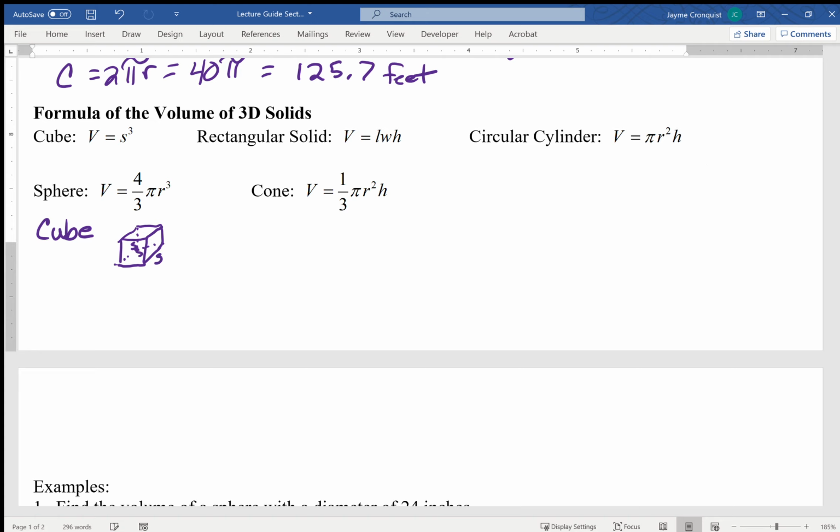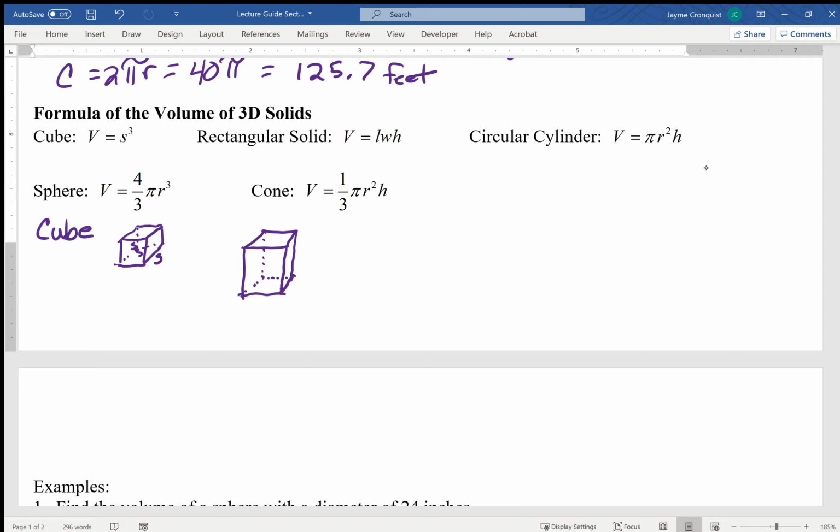Right, so this is also the same length. All right, so it's just 3 of them multiplied together. For a rectangular solid, so this is more a prism.